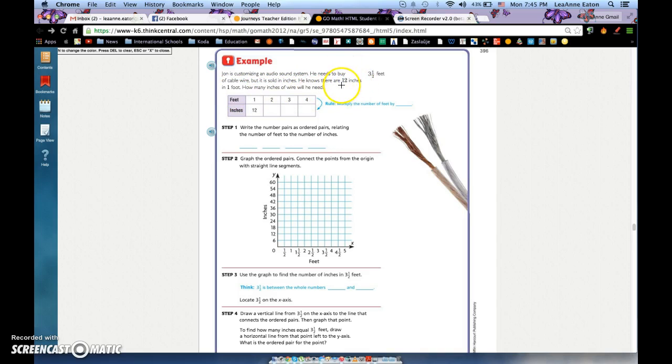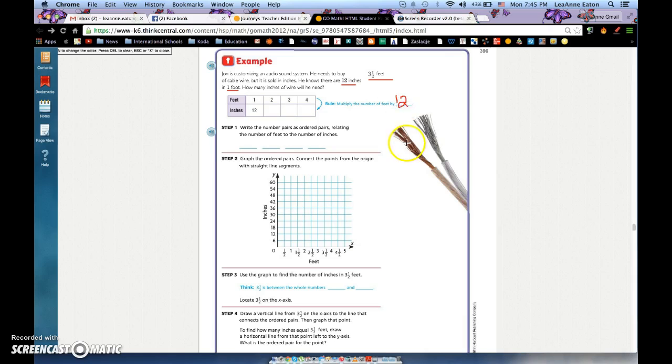So he knows there's 12 inches in 1 foot, and he needs 3.5 feet. Okay, so that means he needs to buy probably 4 feet. So how do we get from 1 to 12? Multiply the number of feet by 12.